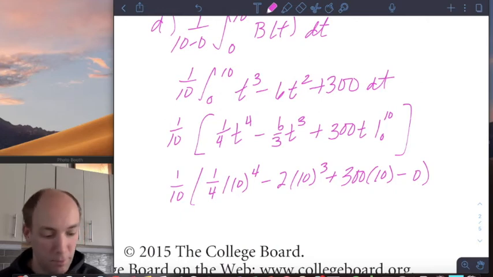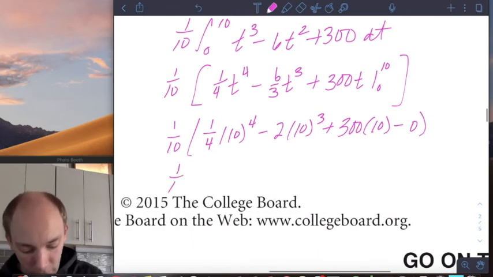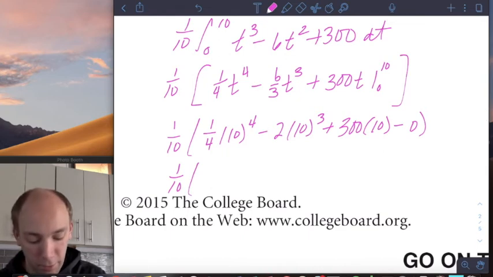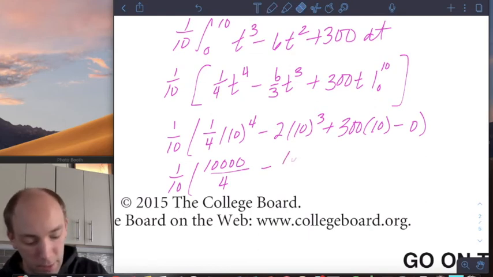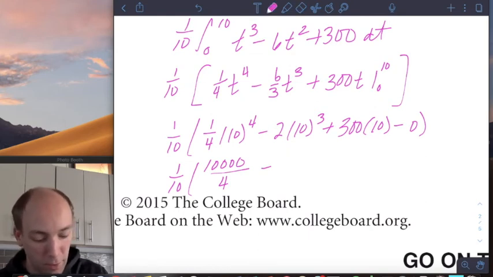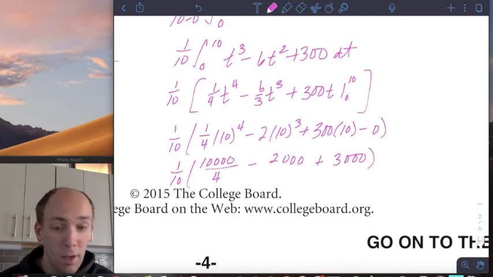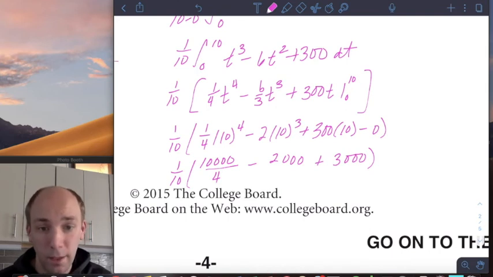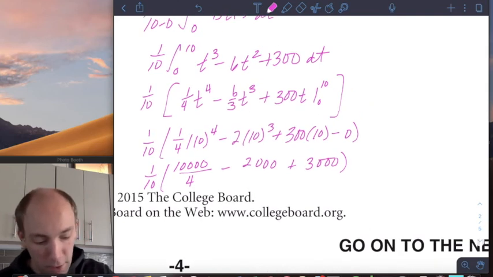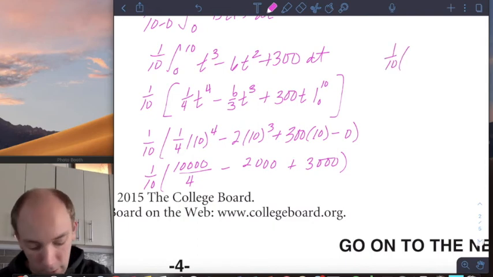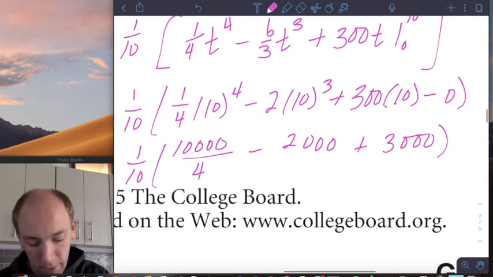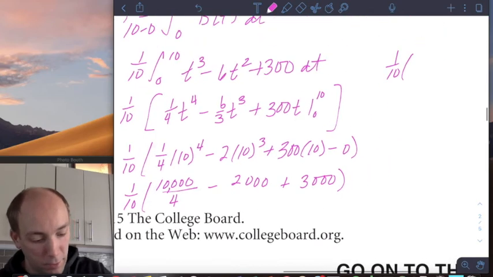Okay, so let's keep simplifying this. 1/10 times 10 to the 4th would be 1, 2, 3, 4 zeros. Minus 10 cubed, so 10 cubed would have 3 zeros and then a 2 in front. Then we need to simplify this further. 10,000 divided by 4 would be 2,500.